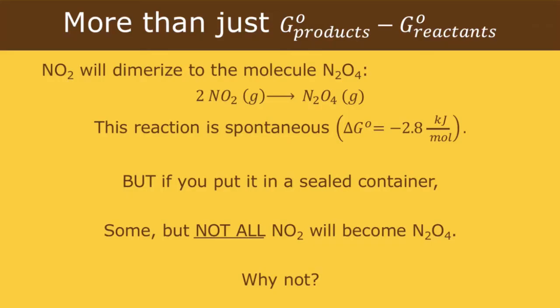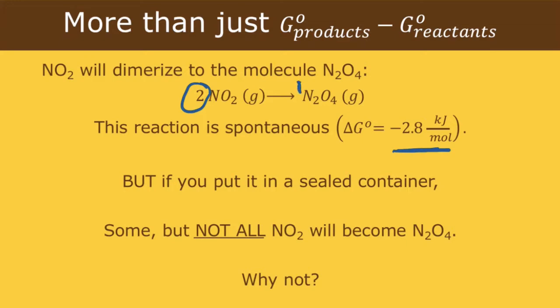Two NO2 molecules will dimerize to the molecule N2O4 in the reaction that's listed. This reaction is spontaneous because delta G naught is negative 2.8, but you would expect that if you started with 2 moles of NO2, by the end of the reaction all would be converted and you would have 1 mole of N2O4.